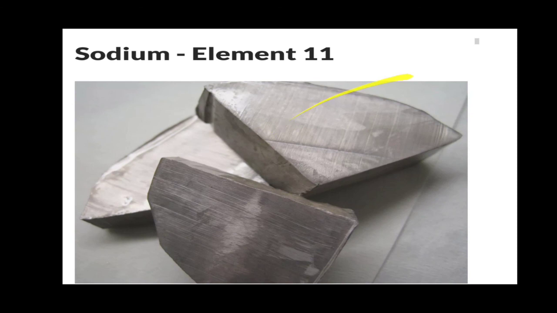Next, come to sodium. Among alkali metals, this is one of the most important elements. Among lithium, sodium, potassium, these are so soft that they can be cut with the help of a knife. They have low density and low melting points.